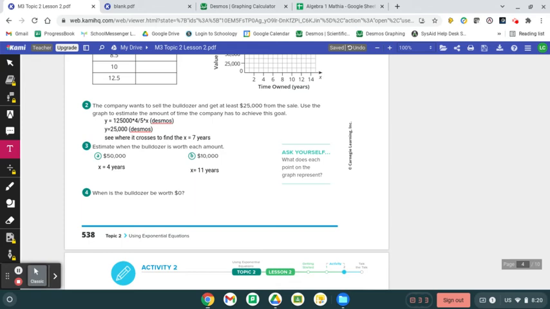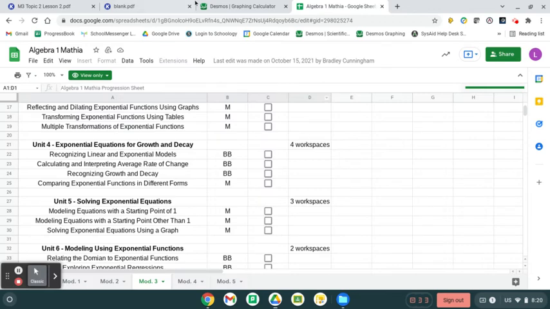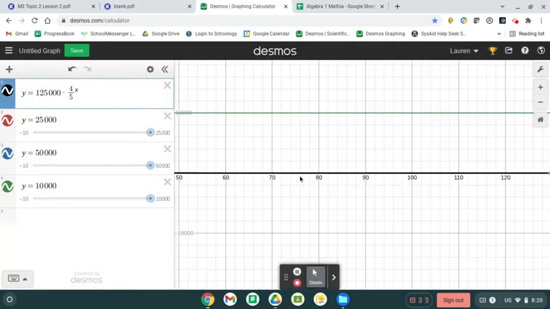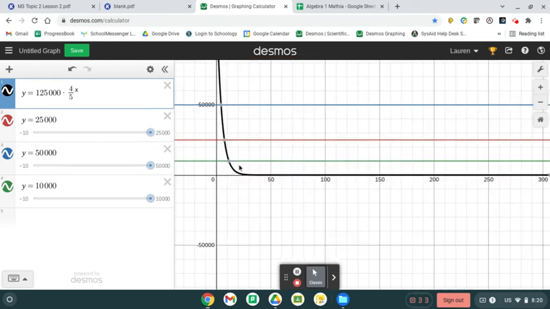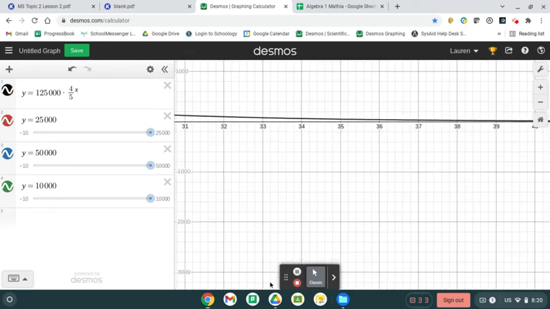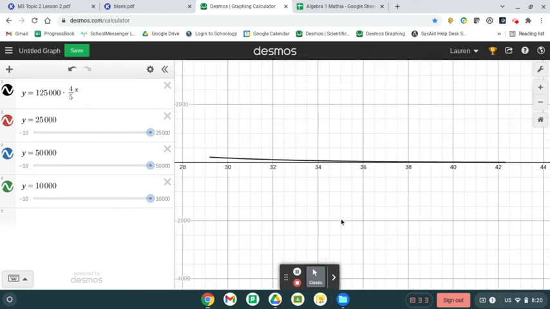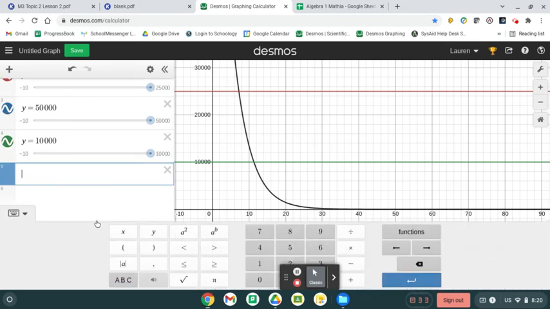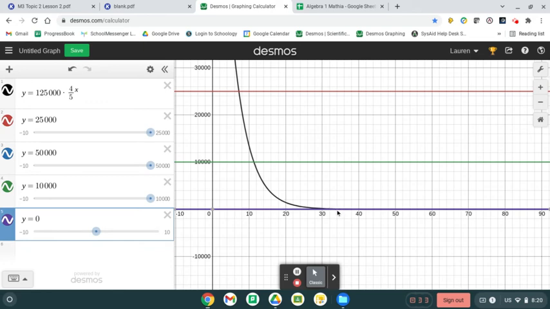So a lot of times it looks like this line is all on 0 when you look at the curve. It gets very close to 0, but if you keep zooming in, you see how it gets really, really, really, really small. So we can still type that in and see, but a lot of times it doesn't even get to 0.